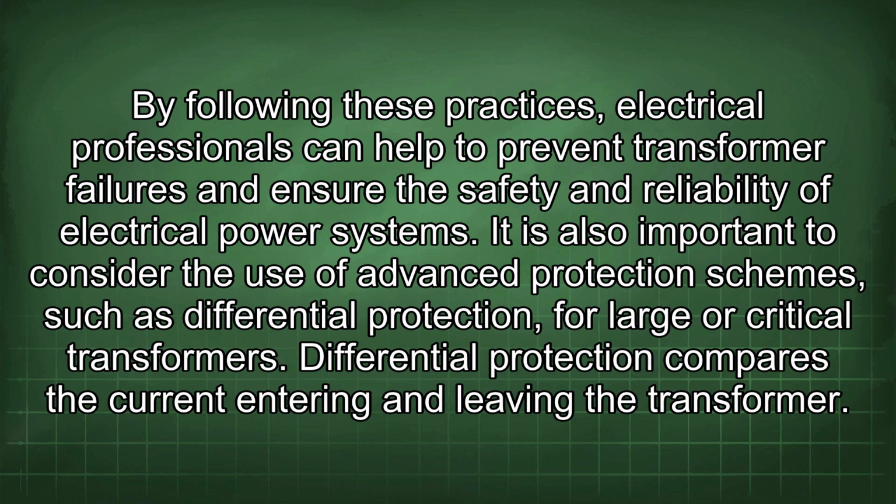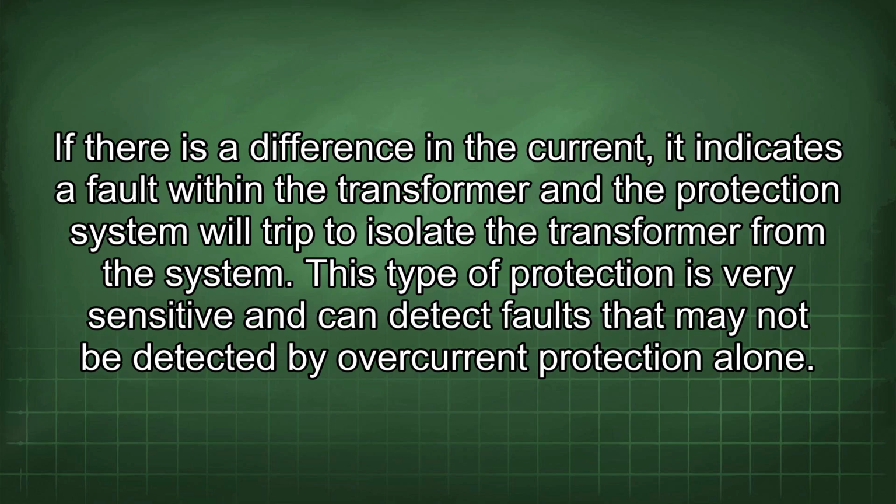It is also important to consider the use of advanced protection schemes, such as differential protection for larger or critical transformers. Differential protection compares the current entering and leaving the transformer. If there is a difference in the current, it indicates a fault within the transformer, and the protection system will trip to isolate the transformer from the system.